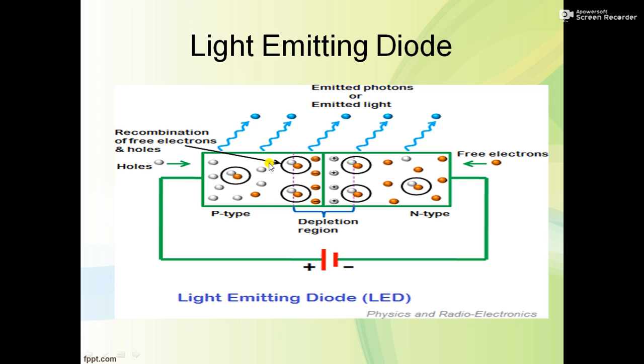When the emitted light falls on these electron hole pairs in both P type and N type semiconductor material, at that time, due to free electrons from the N type semiconductor material, one energy is released, that is called a light signal, light emitted signal.